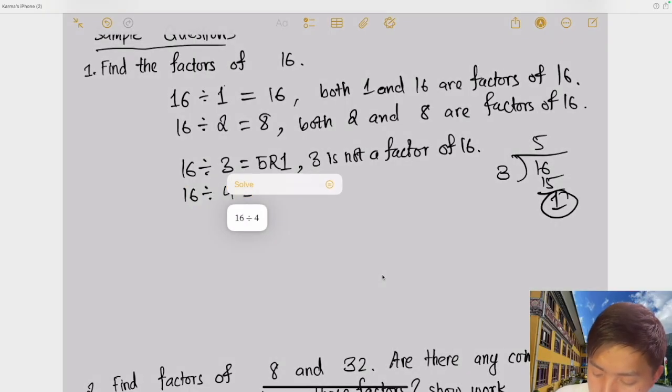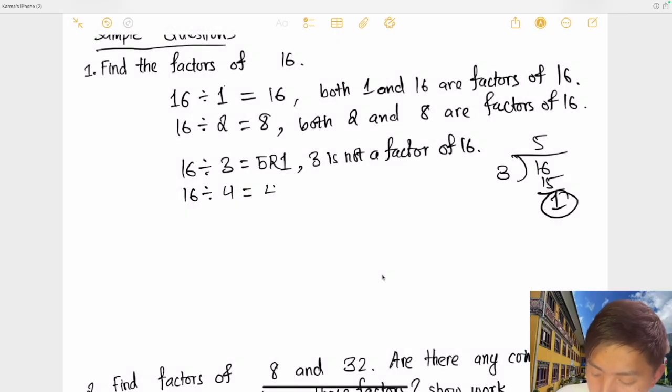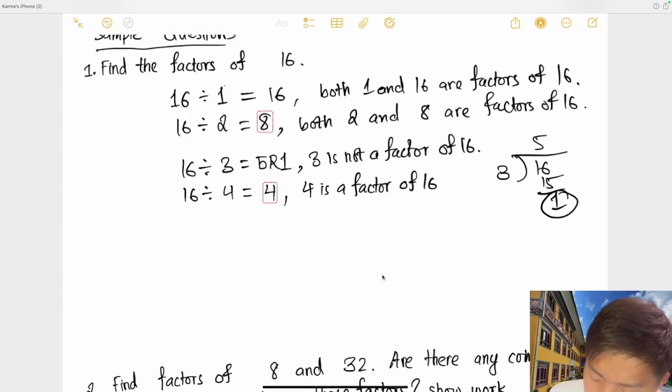When you divide 16 by 4, we know that 16 divided by 4 is 4, because 4 times 4 is 16. So 4 is a factor of 16.